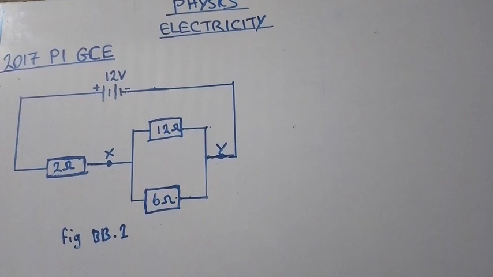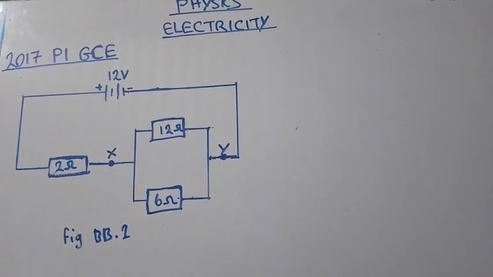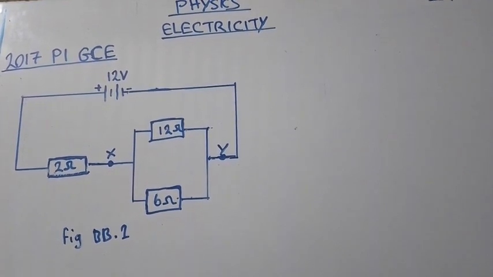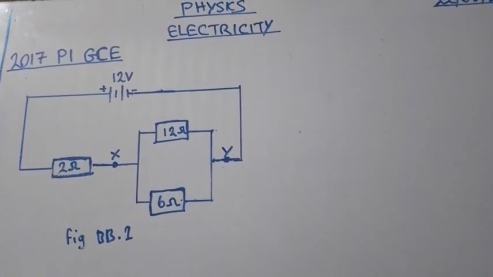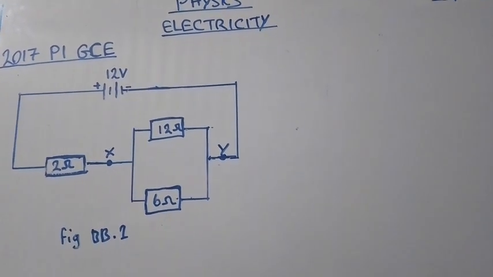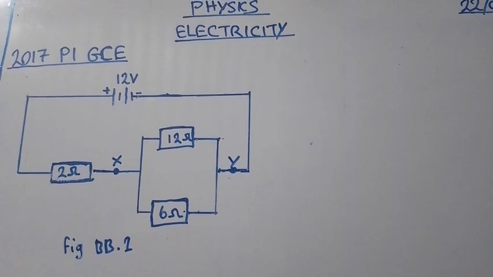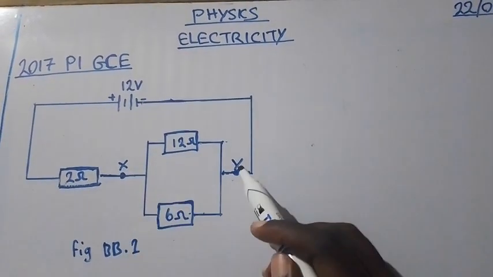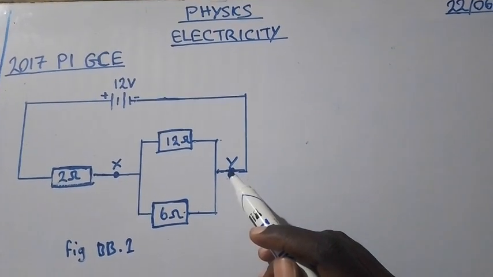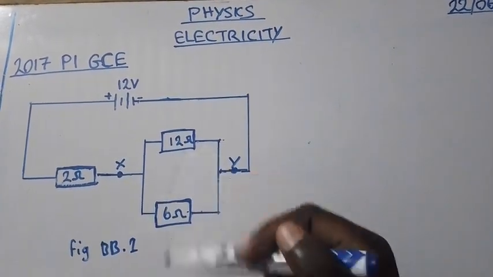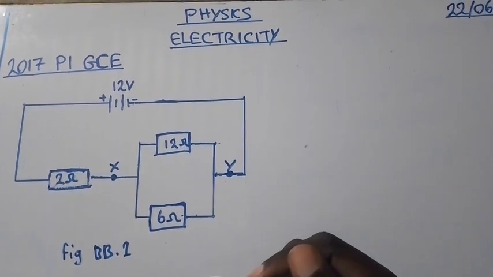Calculate part A, the effective resistance between X and Y. The effective resistance between X and Y is the same as asking us to find the equivalent resistor, or the combination of the two resistors.